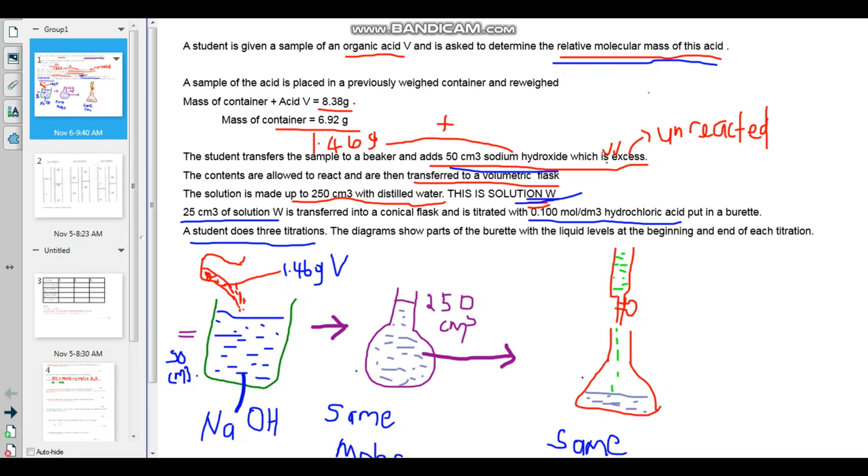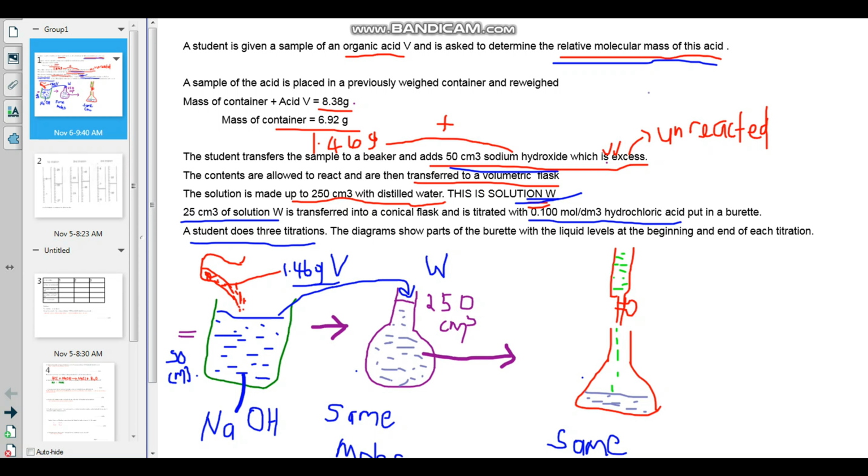The two will react together. Some sodium hydroxide will neutralize the acid, some sodium hydroxide will remain as unreacted. The remaining sodium hydroxide, which is unreacted, is transferred into this 250 cubic centimeter volumetric flask and diluted up to the mark with distilled water to make W.